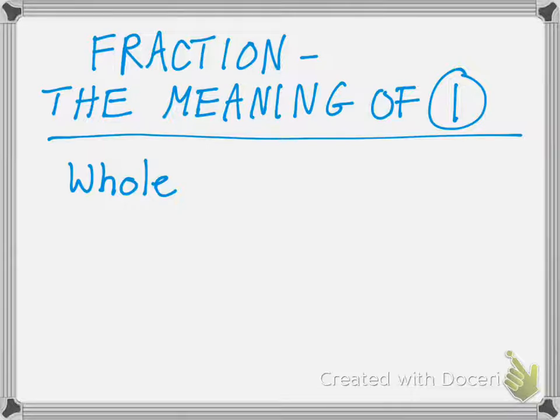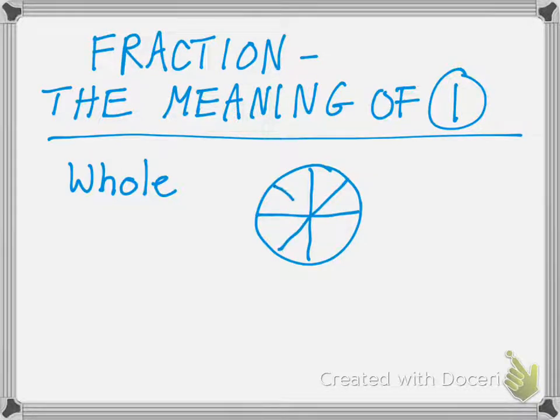Okay, when we talk about I have one whole pizza, what does that mean? It means you are a very lucky person if you get a whole pizza to yourself. But it means that you have each piece required to make the entire pizza.